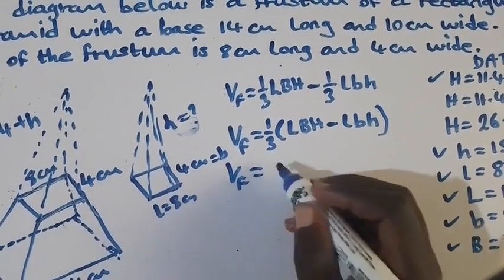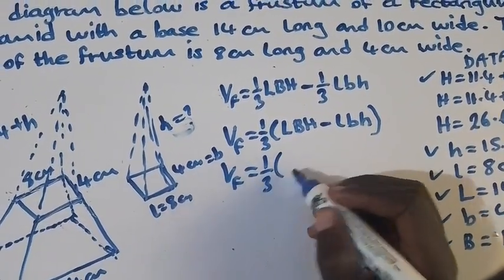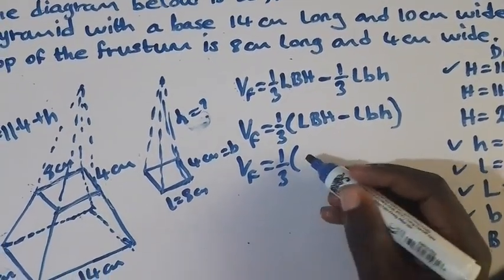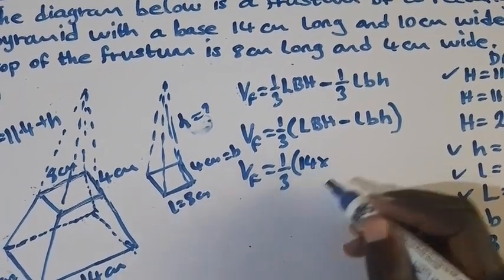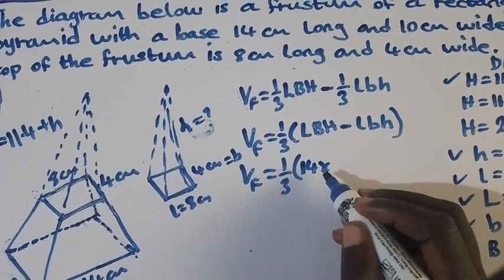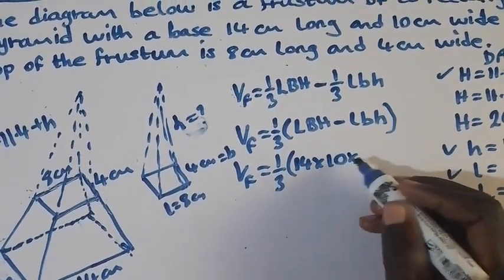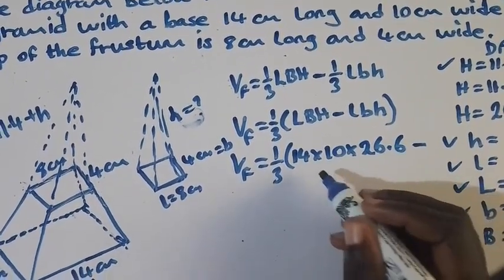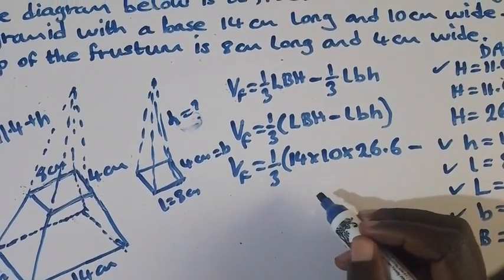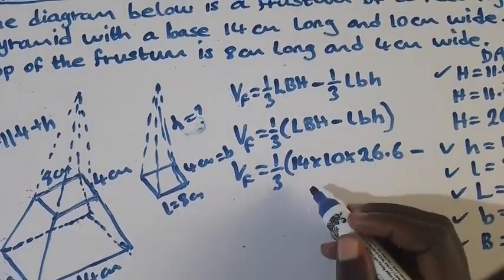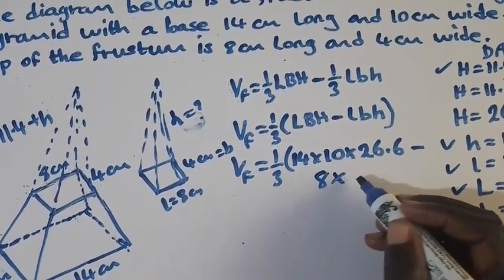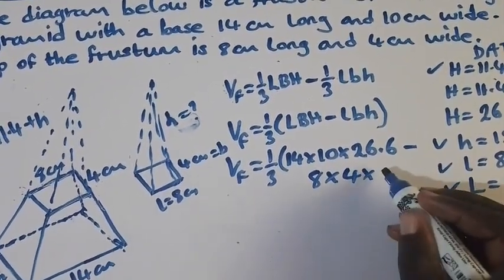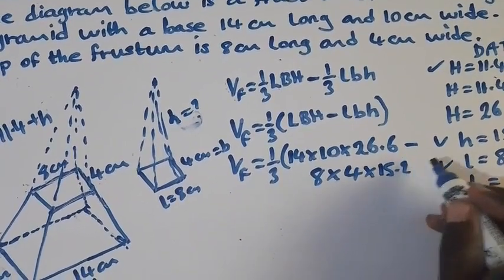So VF will be equal to 1 over 3, capital letter L, from the data it's 14, so 14 times capital letter B, 10, times capital letter H, 26.6, minus small letter l, which is 8, times small letter b, 4, times small letter h, 15.2.